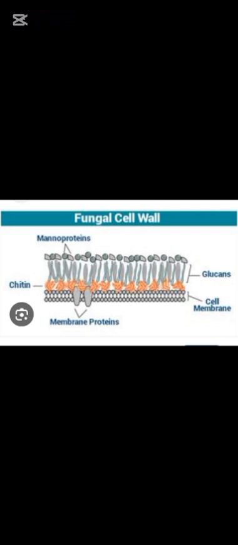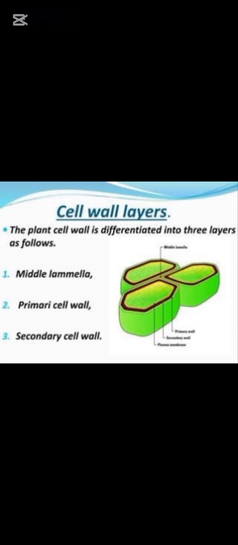After that, we move towards the cell wall basic structure, that is, what are the layers of the cell wall. So basically the cell wall has three layers: the middle lamella, the primary cell wall, and the secondary cell wall. In this picture you have to see the outermost layer is called the primary wall.